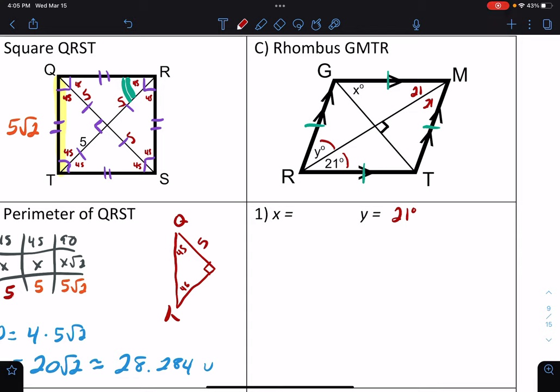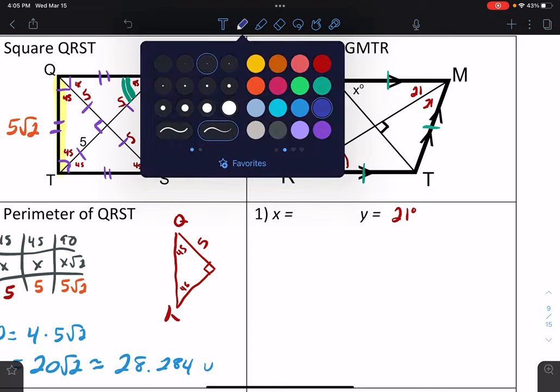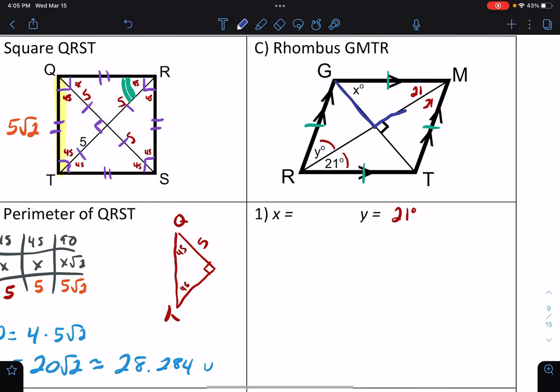Okay? Now, we could set up a right triangle here. We got a 90 degrees there, 21 here. We're trying to figure out what x is. So we just use the triangle sum theorem. 180 minus 90 minus 21, that's what x is going to equal.